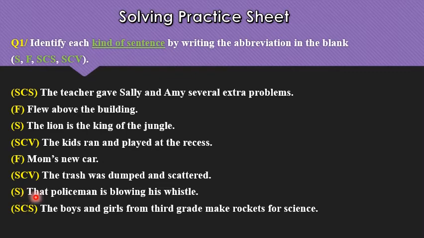But I don't have any compound parts out there. So it's just a normal simple sentence. The boys and girls from 3rd grade make rockets for science. So I have boys and girls, two subjects together that make a compound subject. So of course, this will be simple sentence with a compound subject. SCS.